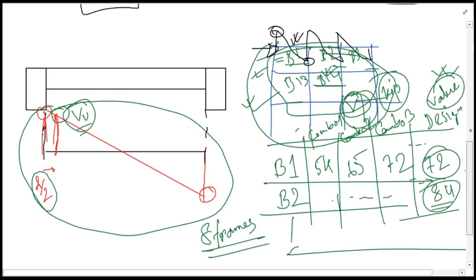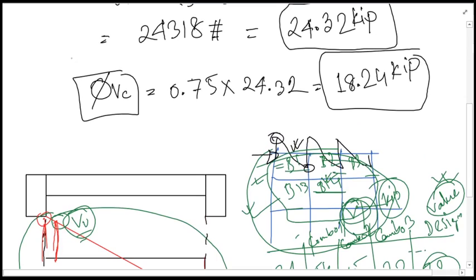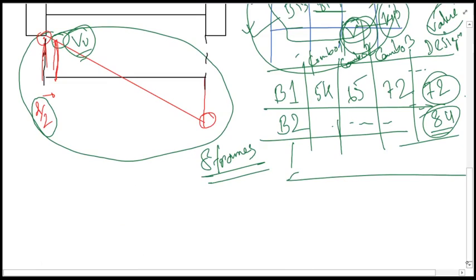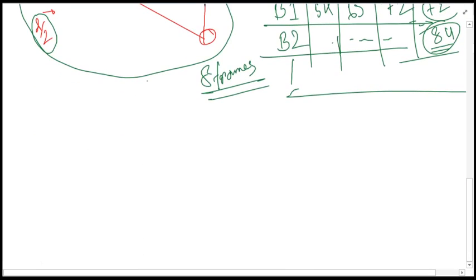So now, as we are continuing, this was the value, and this 18.24 we have obtained is the concrete capacity. So now some cases we will be analyzing, in which case how we will have to approach. For our convenience, I will be giving some examples. Say VU might be 9 kip, for example. It might be 12 kip as well.